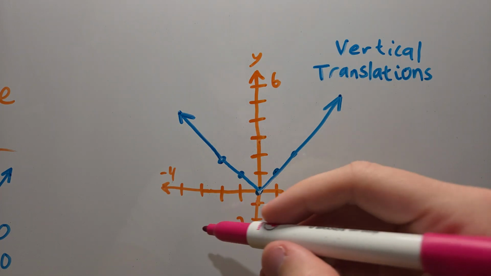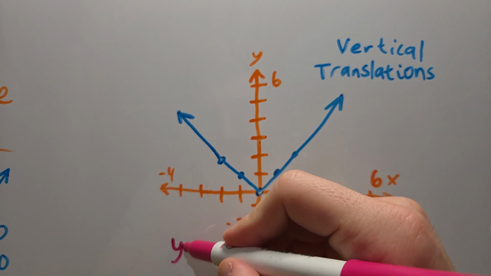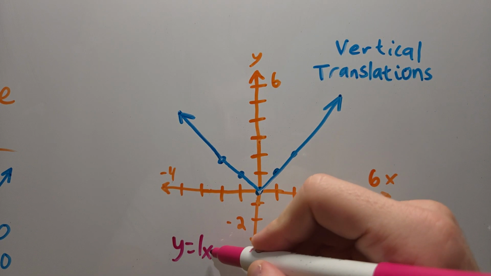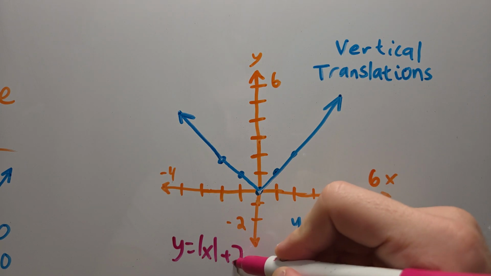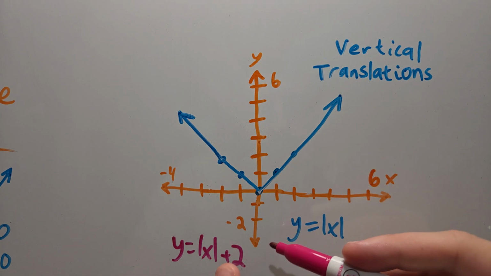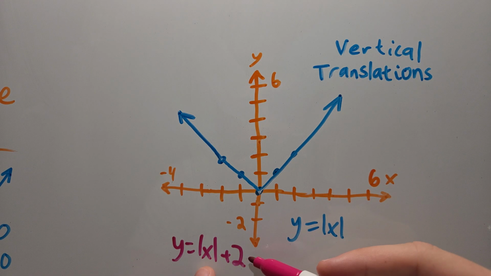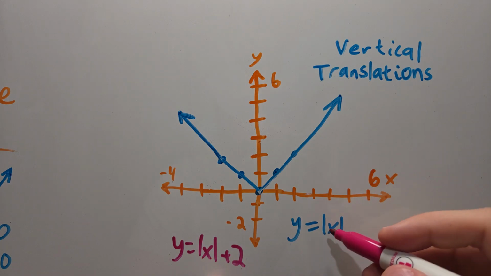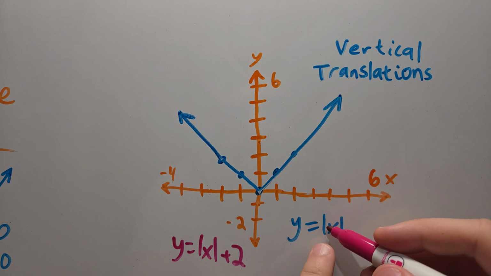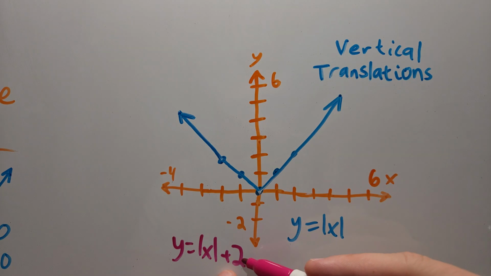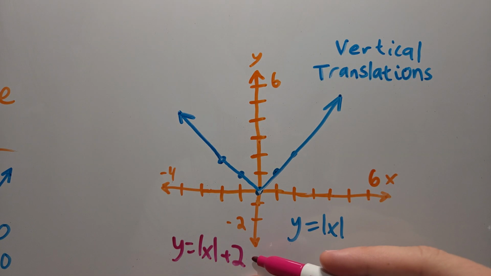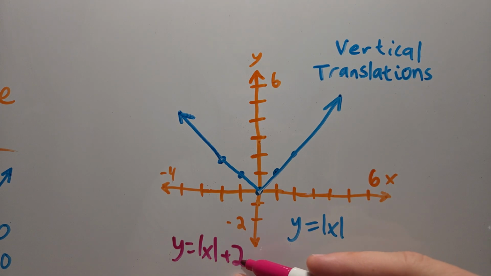So let's move it up 2 units. And this is how we know that we're doing a vertical translation. We're going to have our function, or our equation rather here, the absolute value of x, and then it'll say plus a number, in this case plus 2.